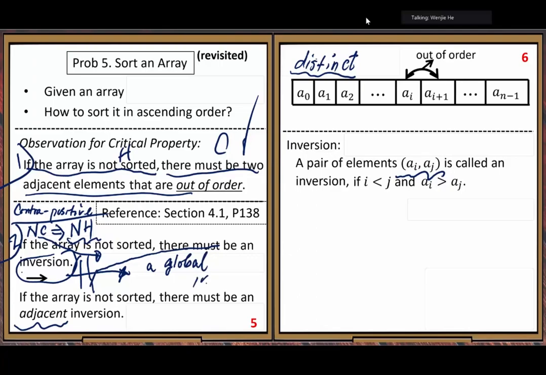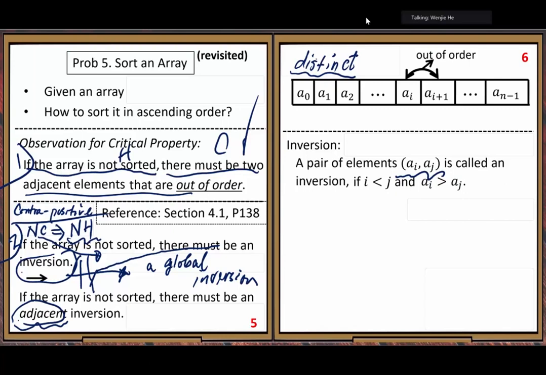But the third statement, with adjacent, is not a global inversion. So the change we made is very important. We changed from a global view to a local view.